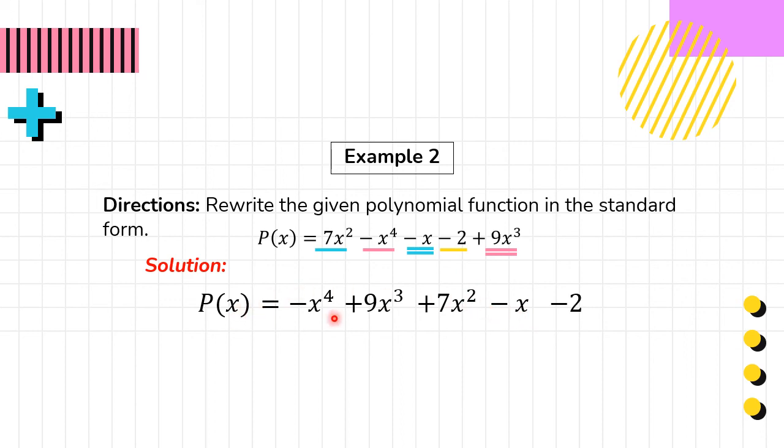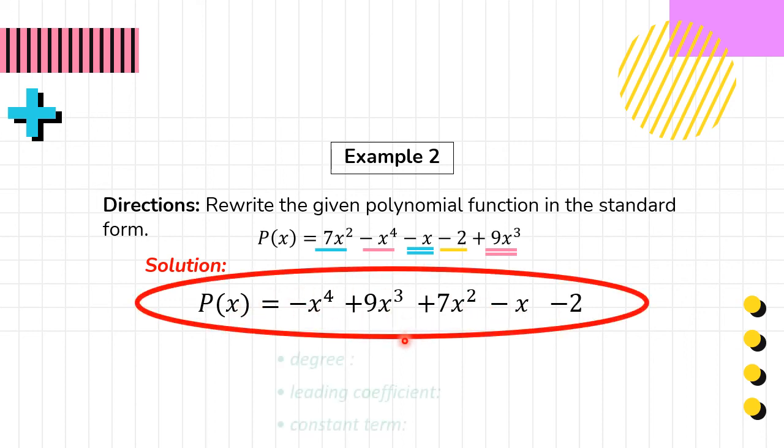So, kapag kasi nakasulat na siya ng ganyan, we can easily determine the degree, the leading coefficient, and the constant term. So, again, what is the degree dito sa ating given polynomial? The highest exponent ay 4. Very good. The leading coefficient is yung kanyang nasa unahan, which is negative 1. And the constant term, yung walang kasamang variable, we have negative 2.